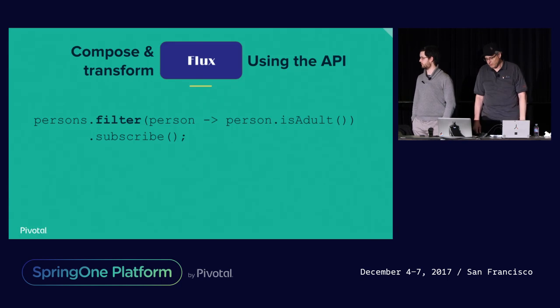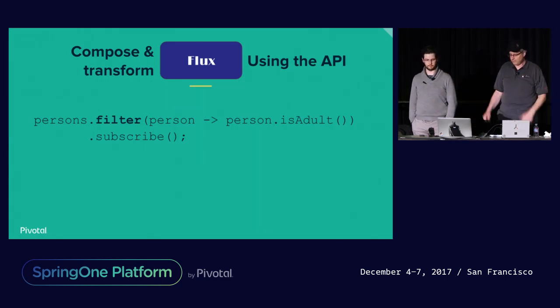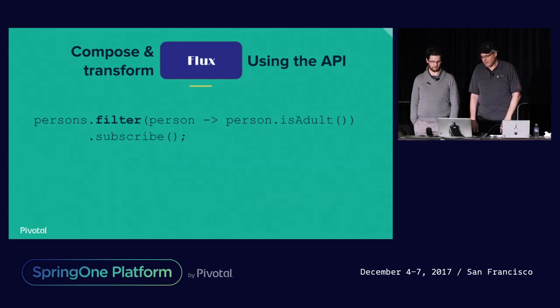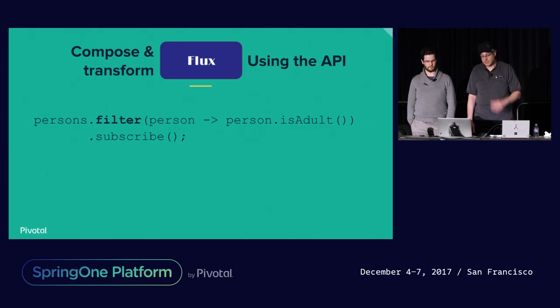So in this case, we have a persons flux, and it's got a lot of person objects in it. And we're saying just pull out the ones where the person is an adult, right? So what this is going to do is return a new transformed flux containing only the objects from the original flux that are an adult.